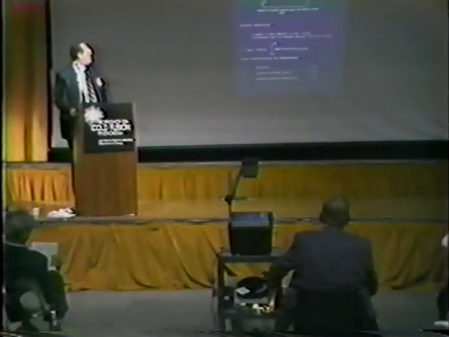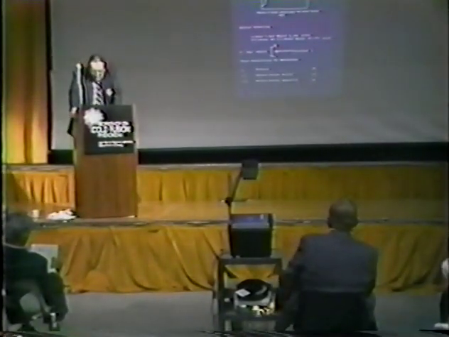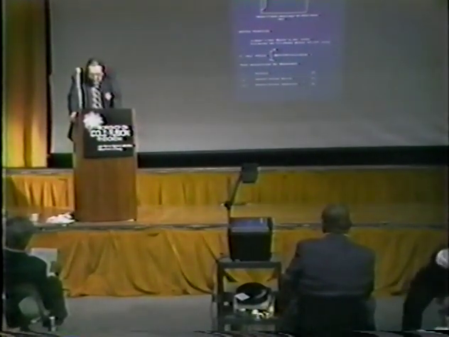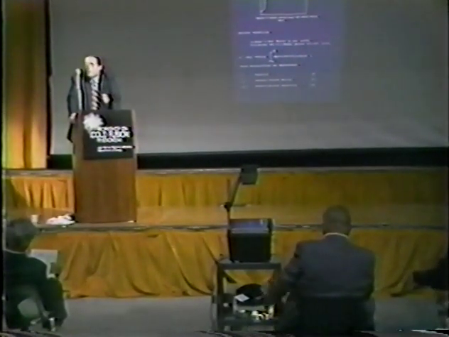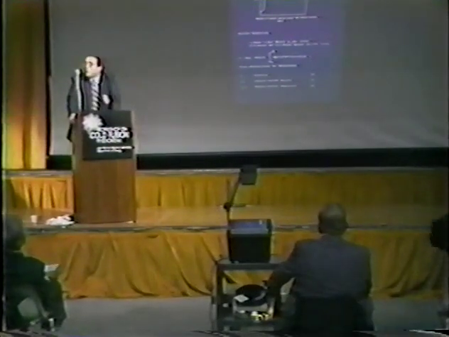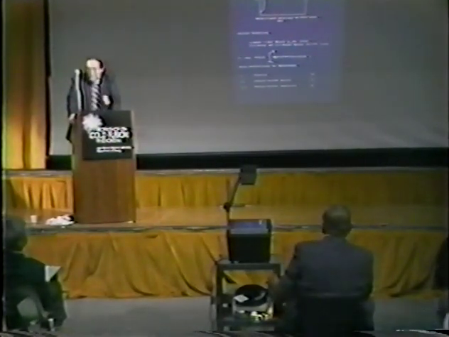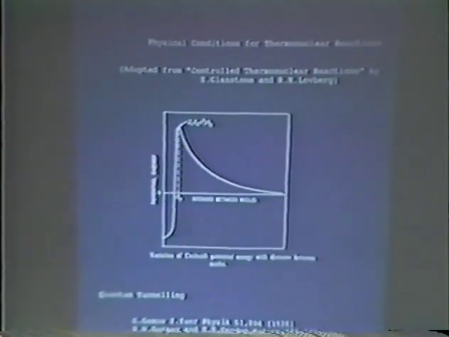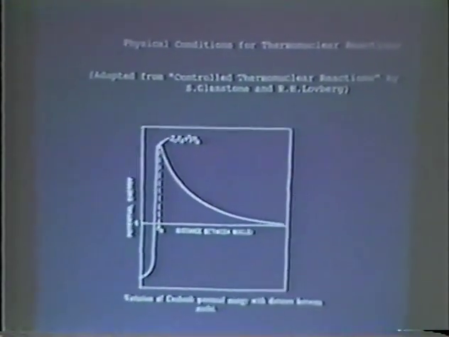Let me briefly review. In the first slide, if I could have the slide and perhaps the lights dimmed, I show the potential acting between any two nuclei. There's a small radius, R0, within which the strong nuclear force acts. There's also a much larger radius, or region, where Coulomb repulsion dominates, as can be seen.